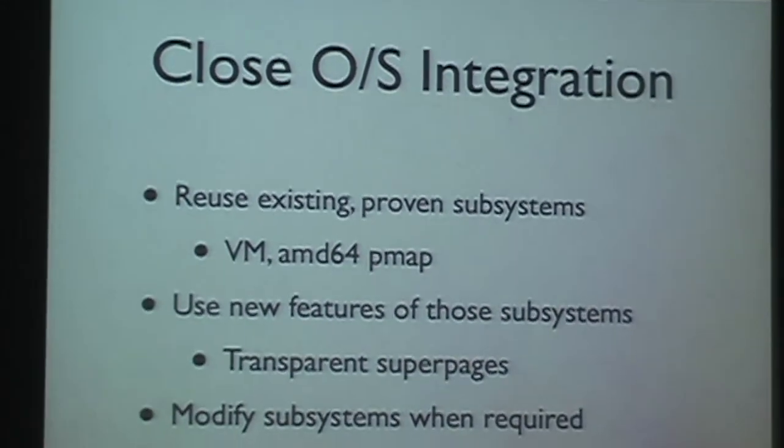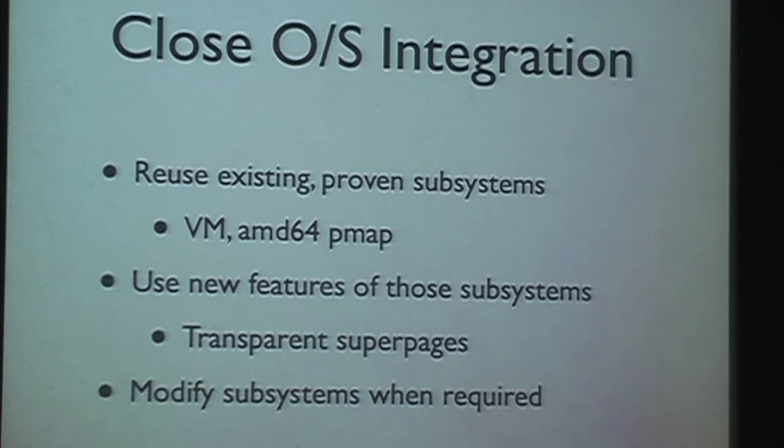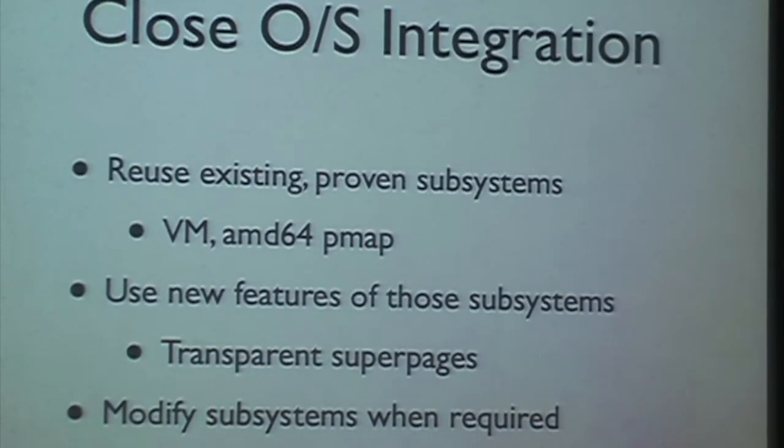So just to recap, one of the advantages of having a hypervisor that's actually integrated into the operating system, as opposed to something that you install later, is that we get to reuse the subsystems that are inside the operating system. Often these APIs are not exposed directly. By using these subsystems, we can use new features. The example is, with transparent super pages, we didn't actually have to do anything.